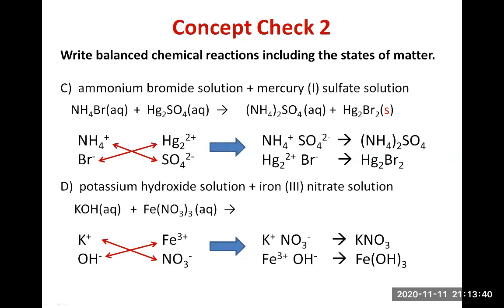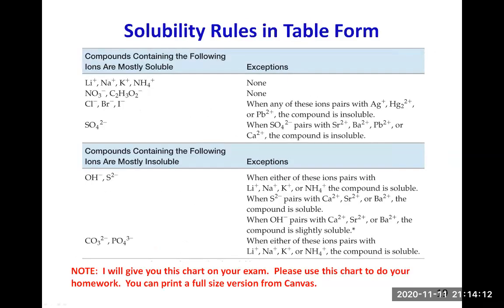So let's find out if these are soluble or not. So KNO3 and Fe(OH)3. KNO3, we have already seen that one earlier, and potassium and nitrate are both making mostly soluble compounds. There are no exceptions. So KNO3 will be an aqueous solution. Fe(OH)3. We see the hydroxide ion in the second part of the table, where you have the mostly insoluble compounds.